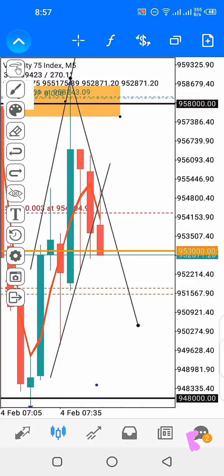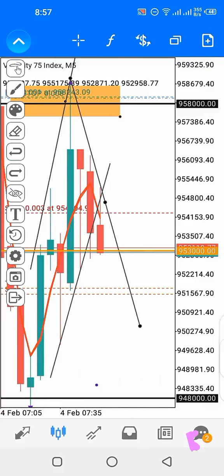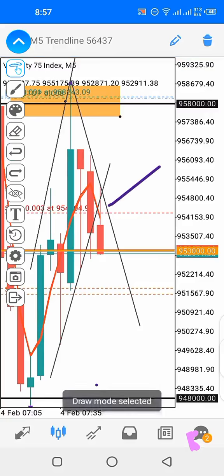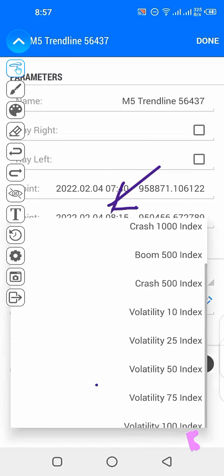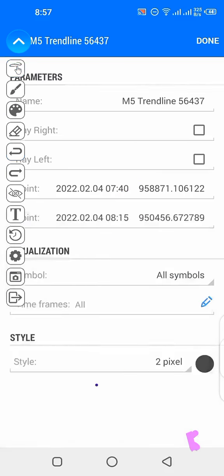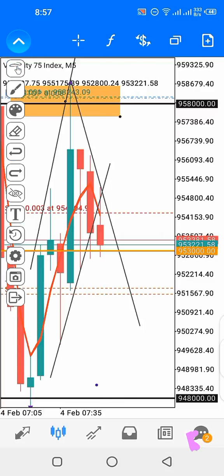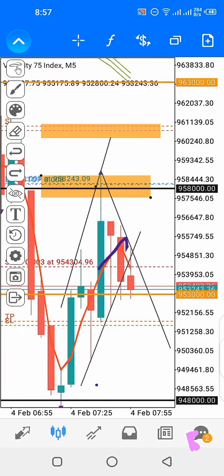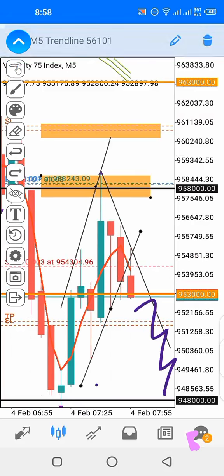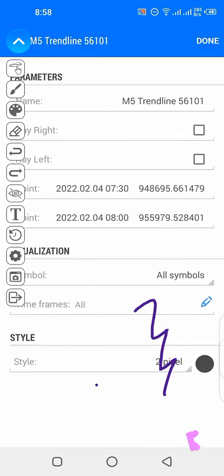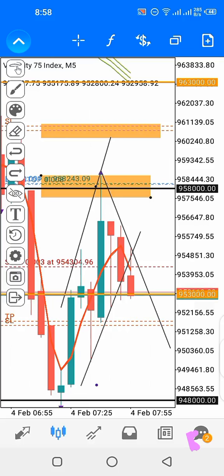You can see a descending trend line being drawn around there, so we expect price to try to react to the descending trend line in that manner.